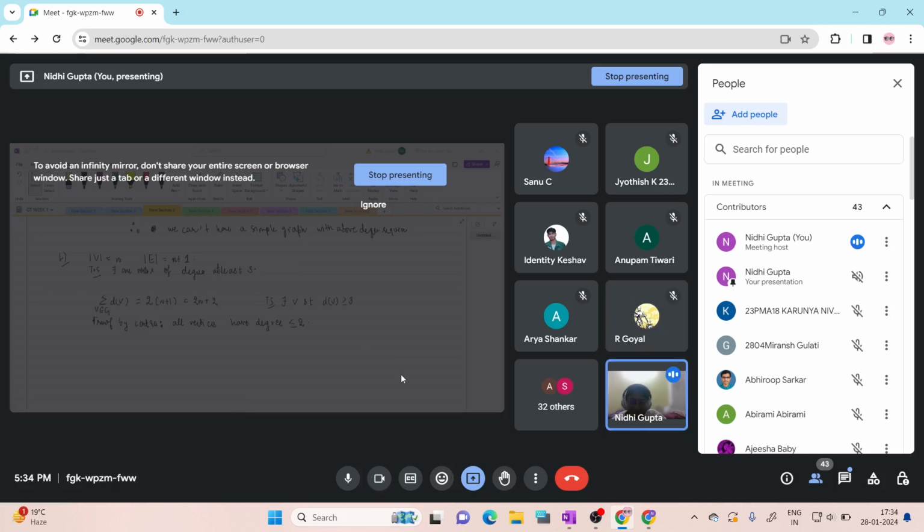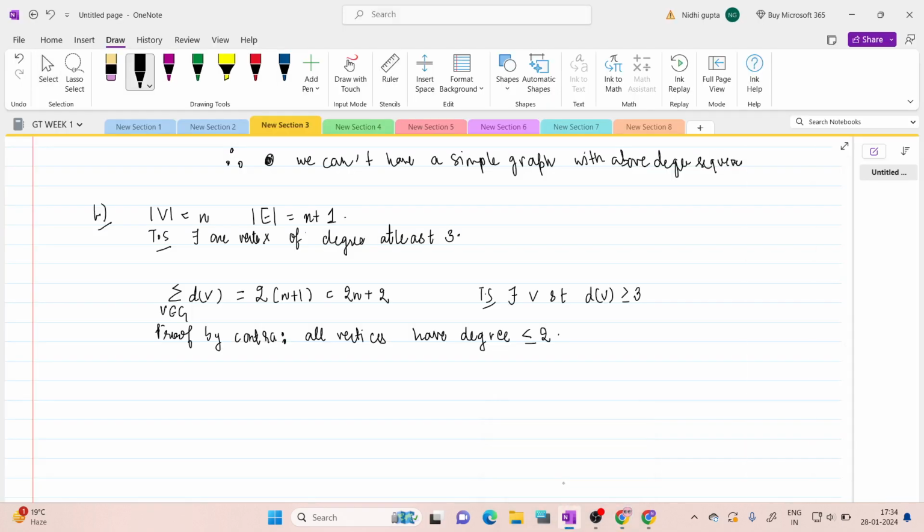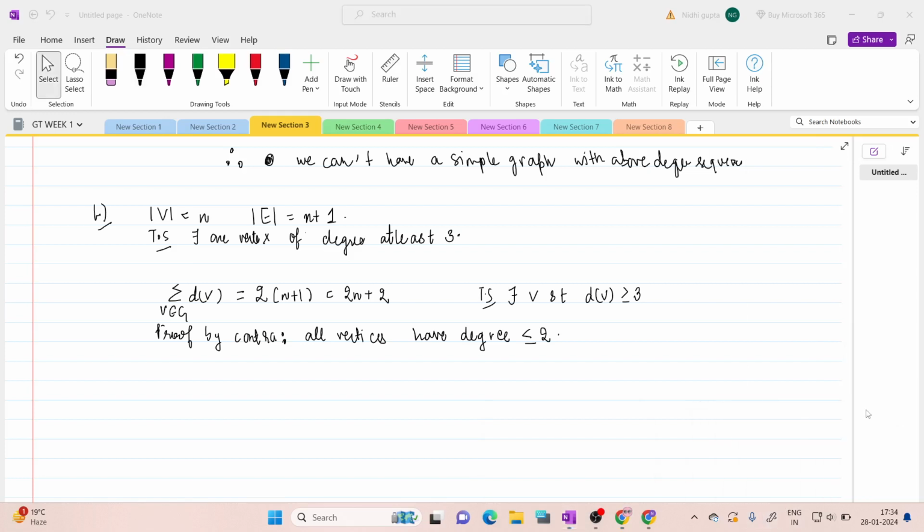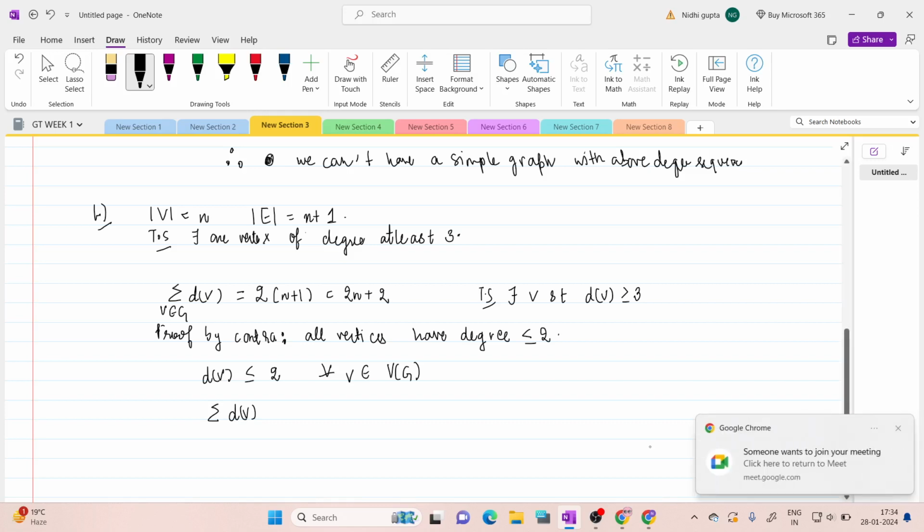Did everyone understand his argument? So what is he saying? That now we are assuming that all vertices have degree less than or equal to 2. Therefore we have d(v) less than or equal to 2 for all v in vertices of G. So now the sum of all the degrees: we have n vertices, and each vertex has degree less than or equal to 2.